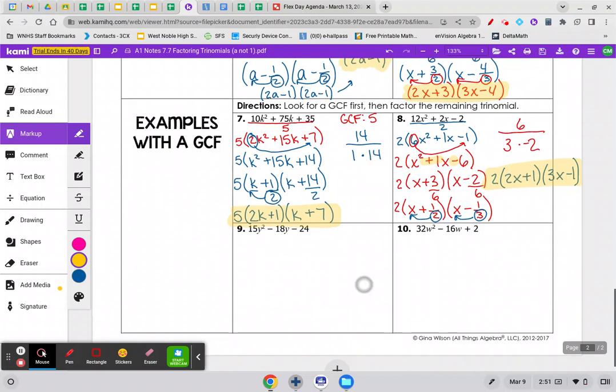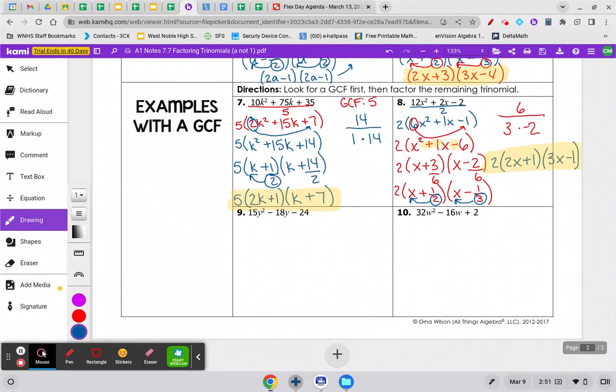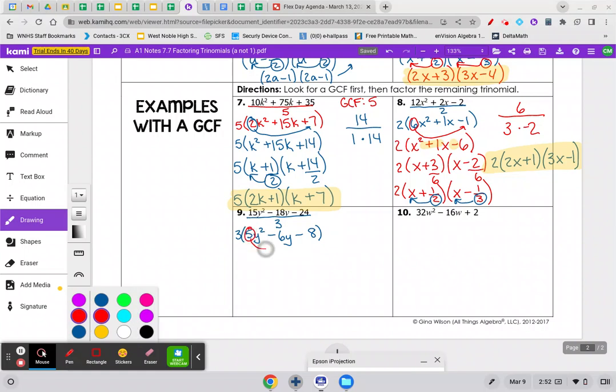Question 9, we can actually take a 3 out of all of these. So I'm left with 5y squared minus 6y minus 8. I do need to slip and slide, so I slip the 5 back. So I have 3 times y squared minus 6y minus 40.